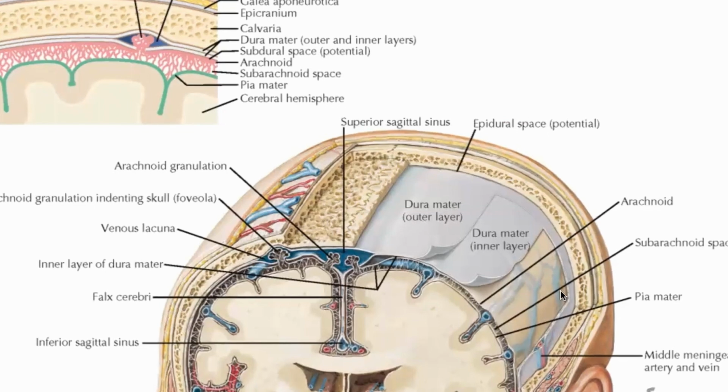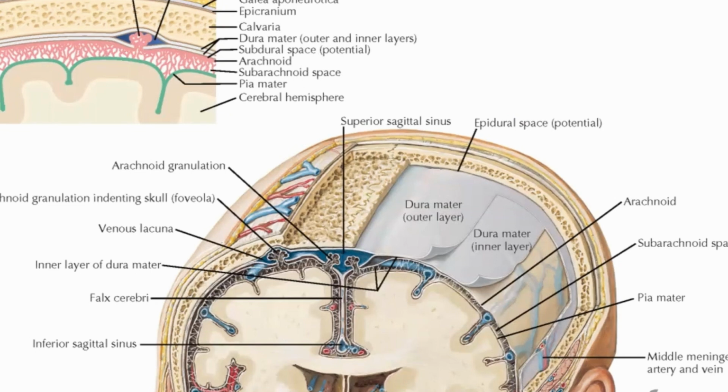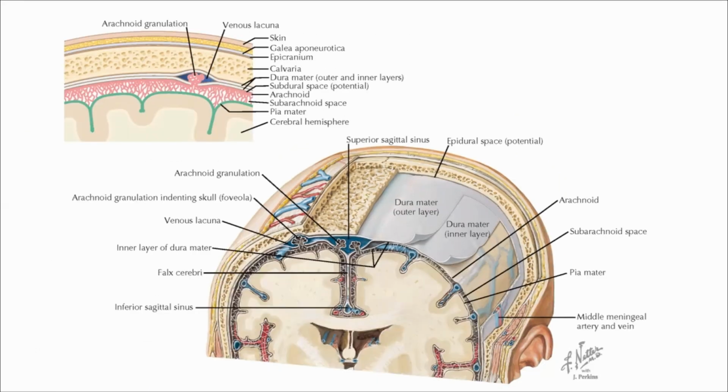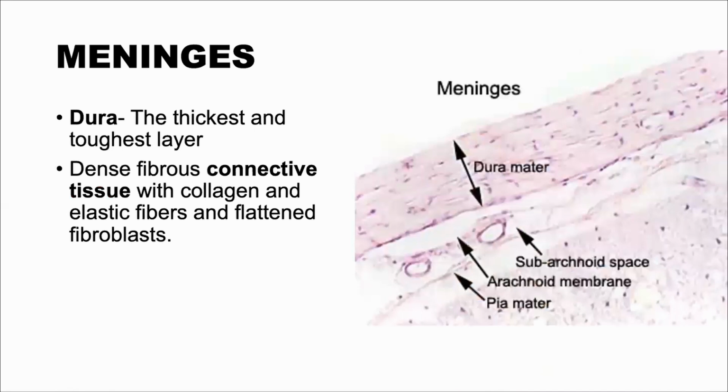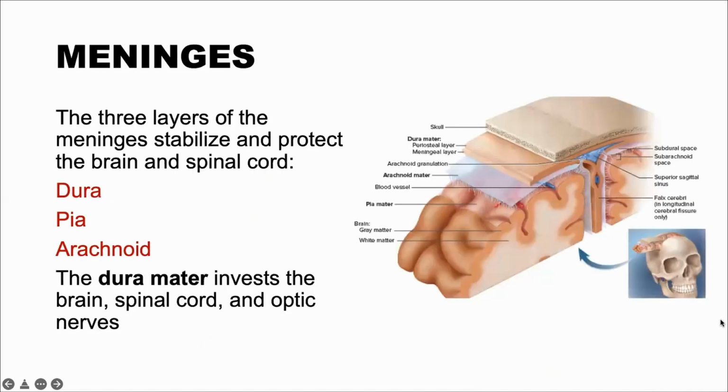Sometimes you can have bleeding between the spaces, and depending on which area you have bleeding, it is given a different description. For example, in old patients, the veins are thin, and as a result, you can have bleeding between the dura and the arachnoid mater. So you can have subdural hemorrhage.